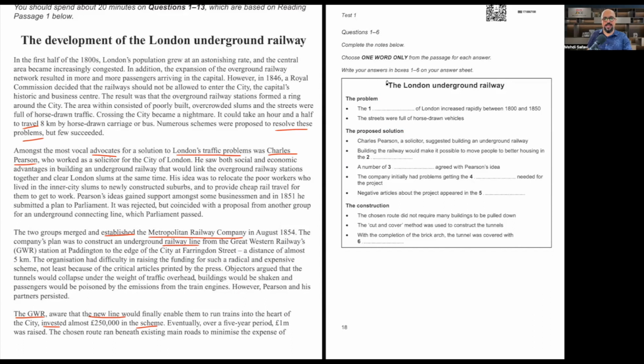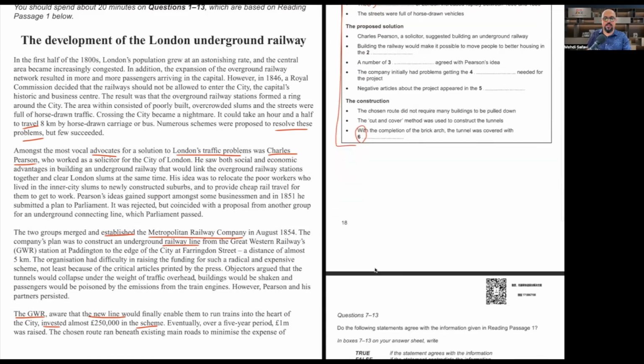This note completion task is titled the London Underground Railway. Because the title matches the title of the whole text, we cannot really benefit from this much. It could be from anywhere in the text. But because this note completion task covers questions 1 to 6 rather than 5 to 10 or 5 to 13, this could indicate that, well, we cannot be sure, but probably these questions come from the first half of the text.